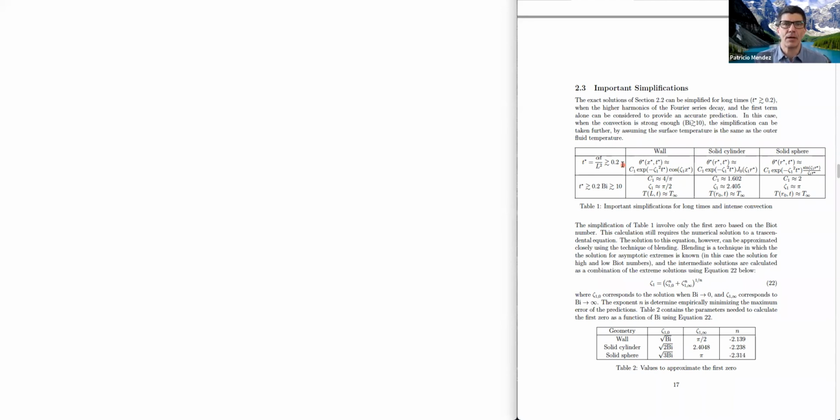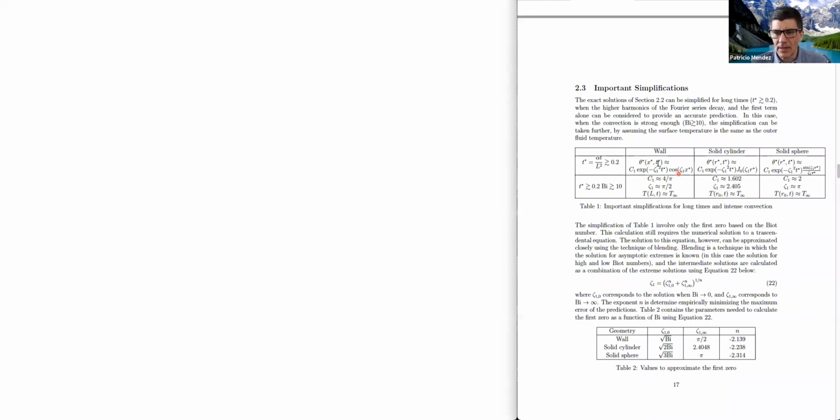If this number is bigger than 0.2, give or take, again, nothing happens exactly at 0.2, but if the Fourier number is bigger than 0.2, the series is determined essentially by the first term, because the second, third, and fourth terms are so small that they don't matter anymore. This is awesome.